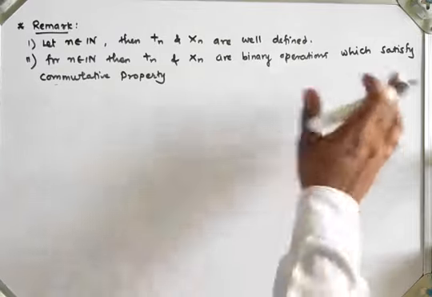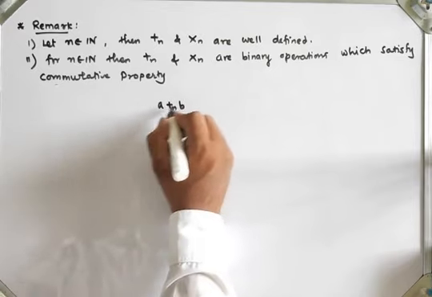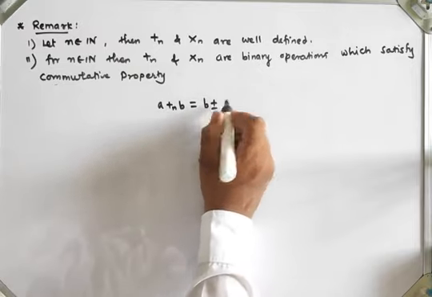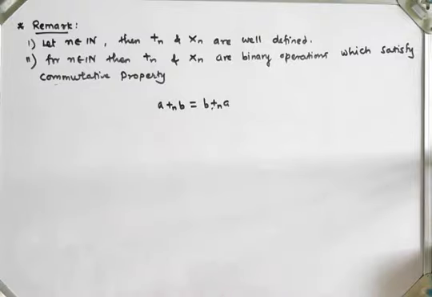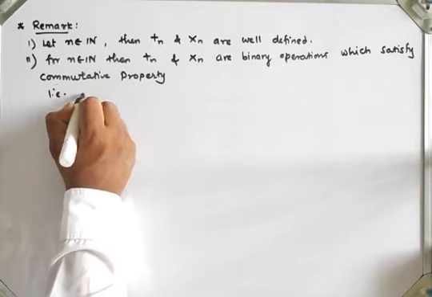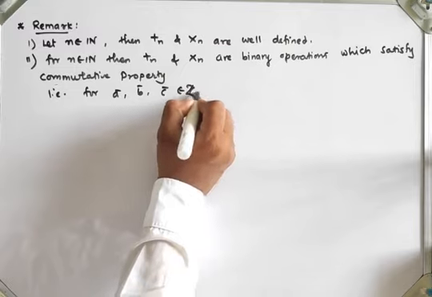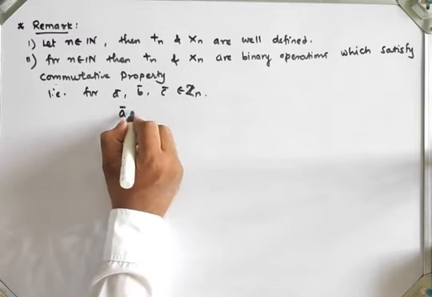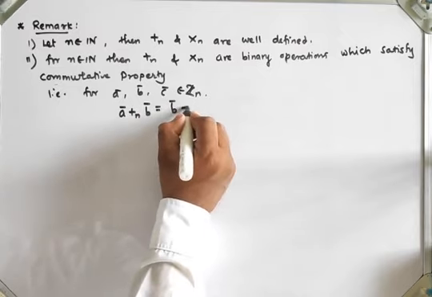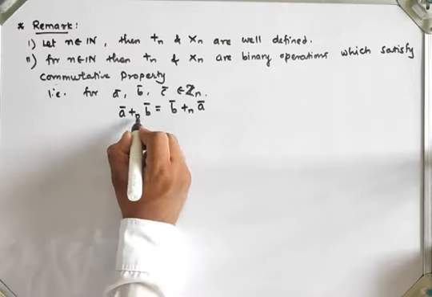So which satisfy the commutative property means what? a addition modulo n b is the same as b addition modulo n a. So this is the commutative property. Here I will take a bar, b bar, c bar belonging to Zn, then residue class A addition modulo n residue class B is equal to residue class B addition modulo n residue class A. So this is the commutative property under addition modulo n.